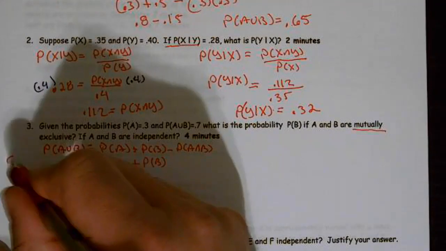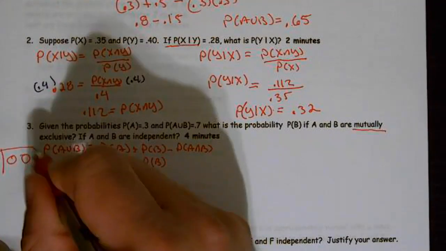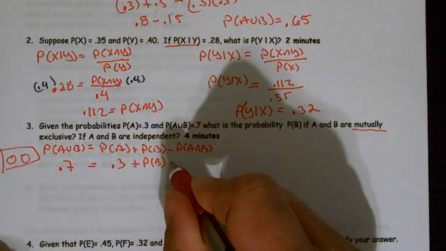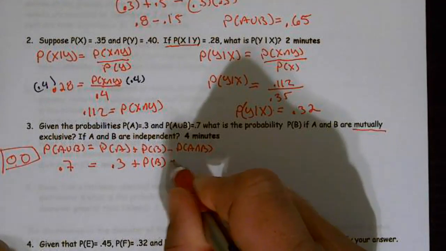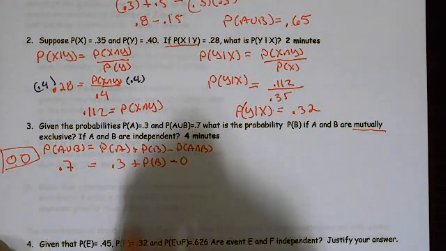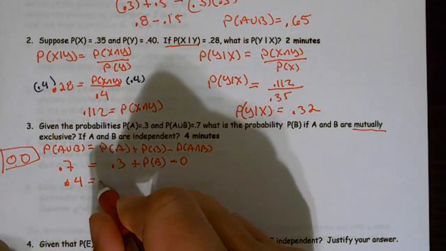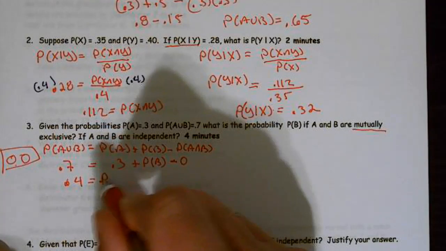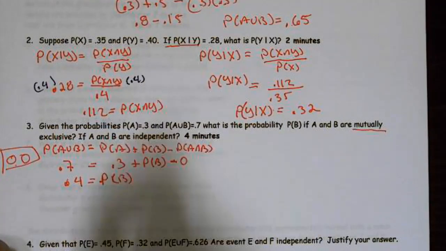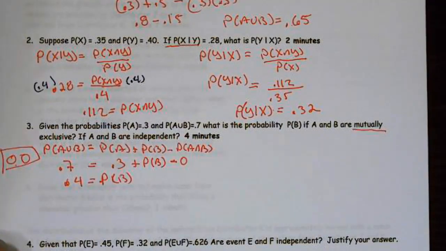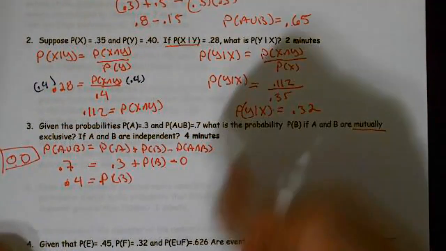Well, mutually exclusive is when we have a Venn diagram with no overlaps. So here we have no overlap, so we're subtracting out 0. So in this case, 0.4 equals the probability of B. And all I did was subtract 0.3 from both sides. So that's the answer to the mutually exclusive one.